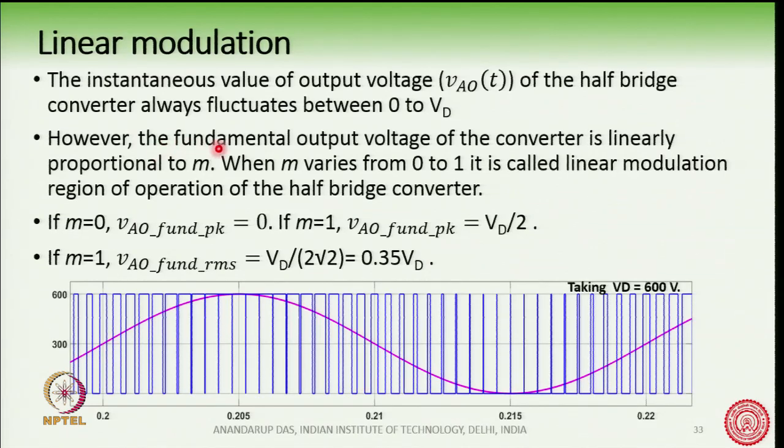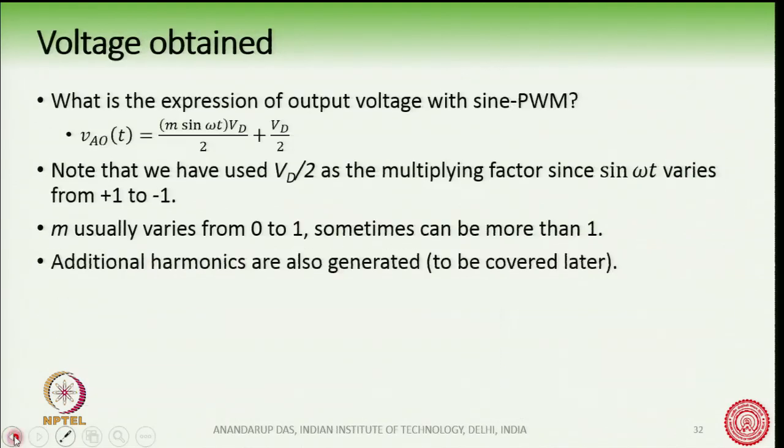Here, as I have also written, the fundamental output voltage of the converter is linearly proportional to m, and this is very important. As I have shown in the previous expression, the AC component in this waveform is m sin omega t into Vd by 2.